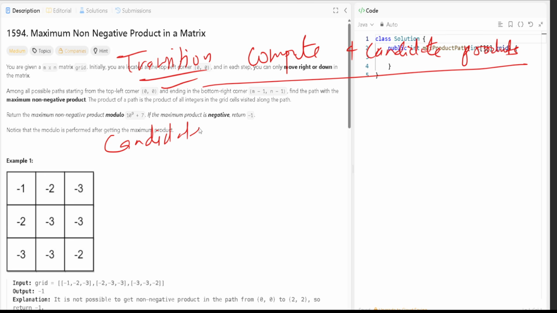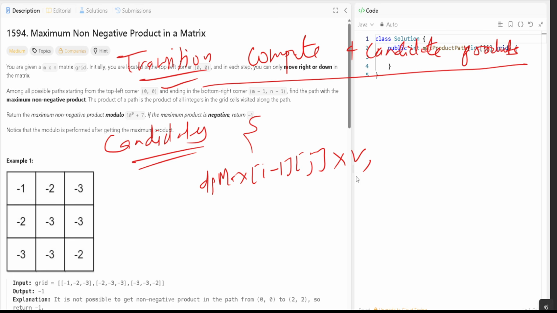The candidates are dp max at i minus 1, j, multiplied by the current cell value v, and the value will also come from dp min, which is also coming from the above cell, i minus 1, j, and it will also get multiplied by v. This will happen in the case when it comes from above.